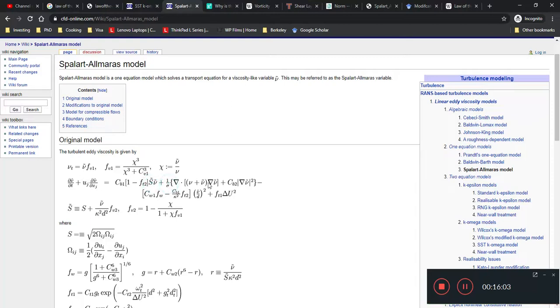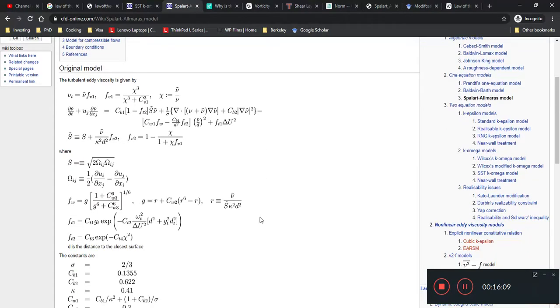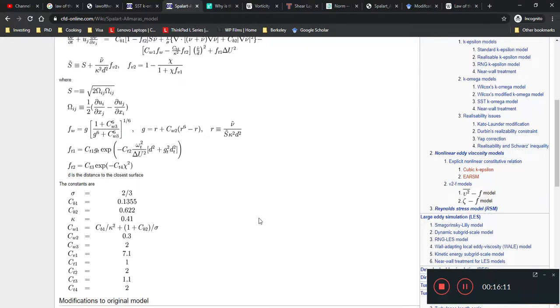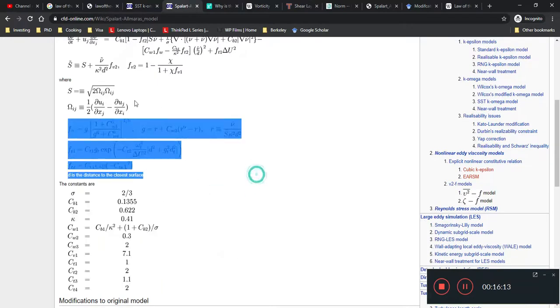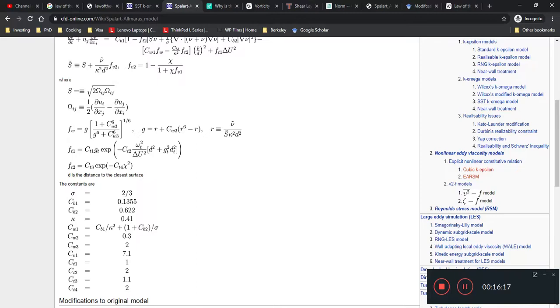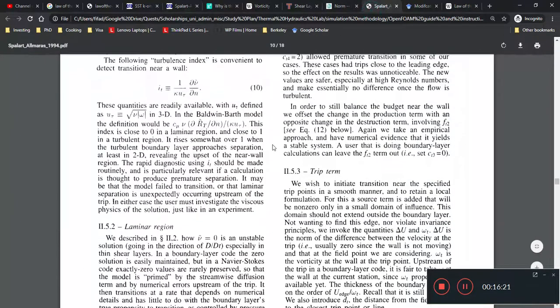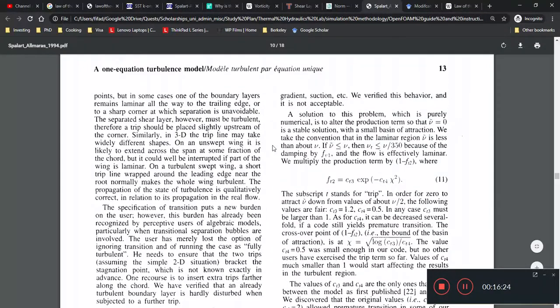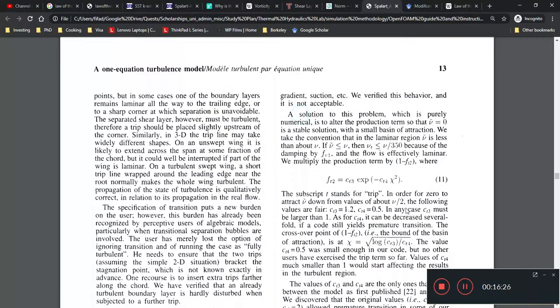All these things are stated over here. So hopefully that gives you a good overview of the Spalart Allmaras model, and it makes you more comfortable to use it. And yeah, it's very simple to construct, and basically, there are not too many more functions you have to think of because it's already built into the model.